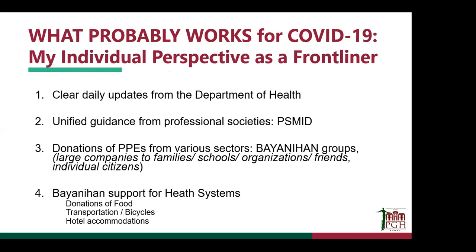And my own take here is that what works for me as a frontliner is, number one, just like Malaysia, we really look forward and wait for the daily updates from the Department of Health to give us the dashboard, daily dashboard of what's happening to the rest of the country.